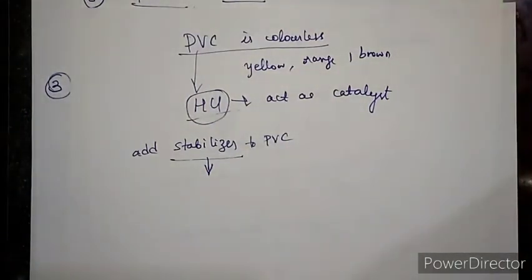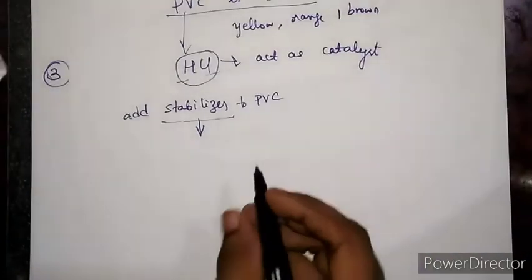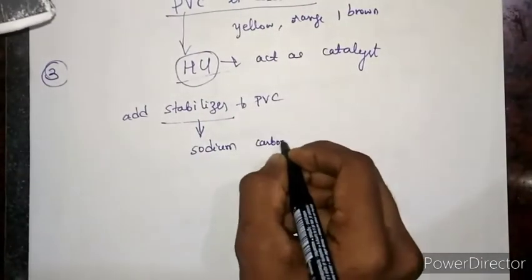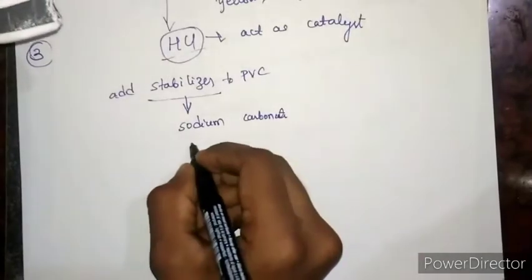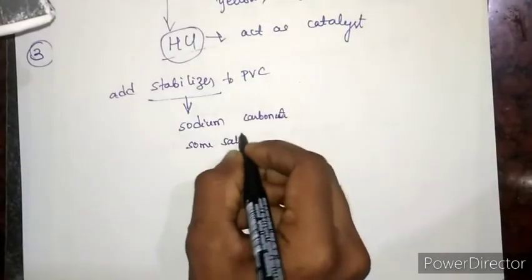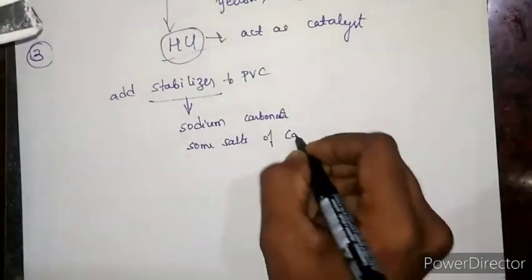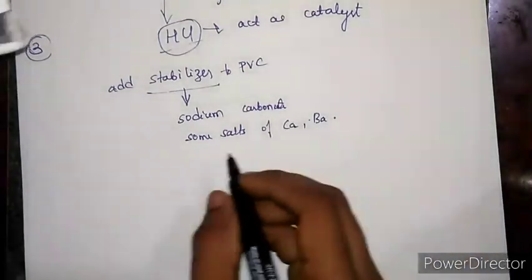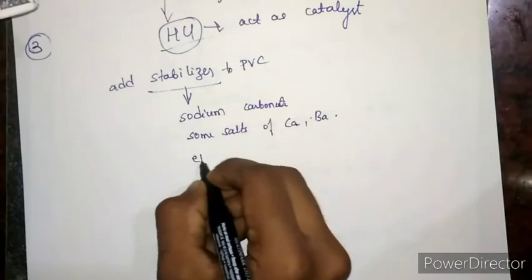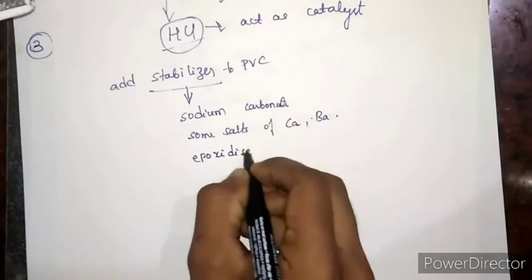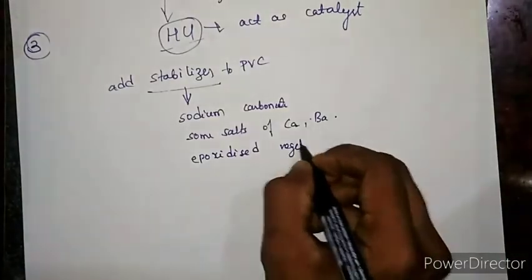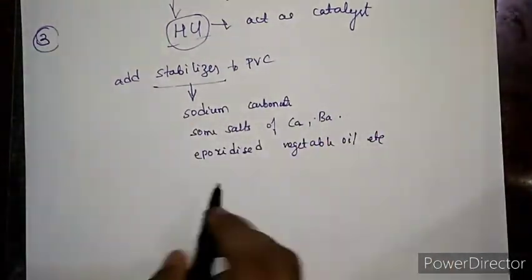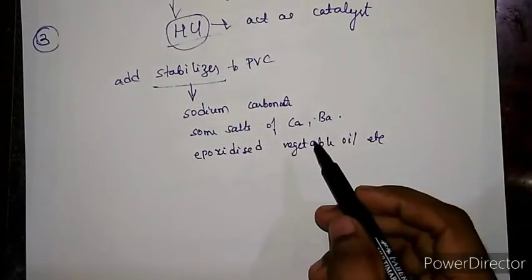The stabilizers are sodium carbonate, and some salts of calcium or barium. Or we can use epoxidized vegetable oil, etc. All these are the stabilizers commonly used in PVC.